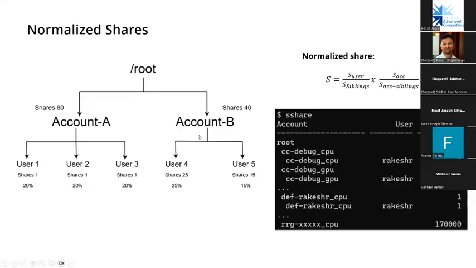This is typically how it's set up on the Alliance clusters as well. Shares are allocated to these accounts. If it's a def account, it has a default number of shares. If it's an RRG account, it has a different number of shares based on the allocation for that particular user group.